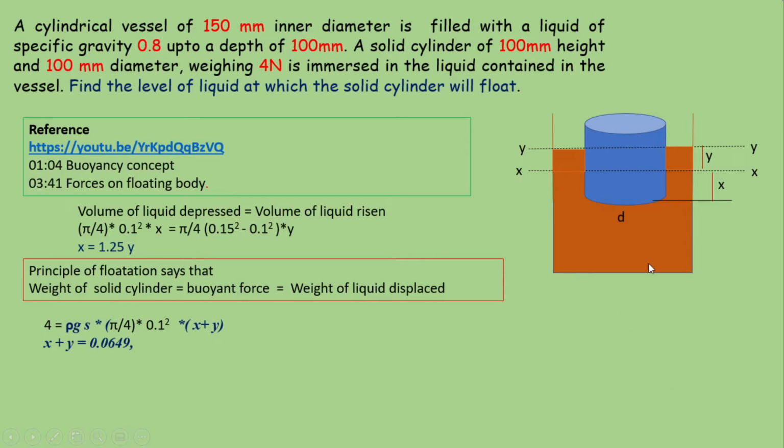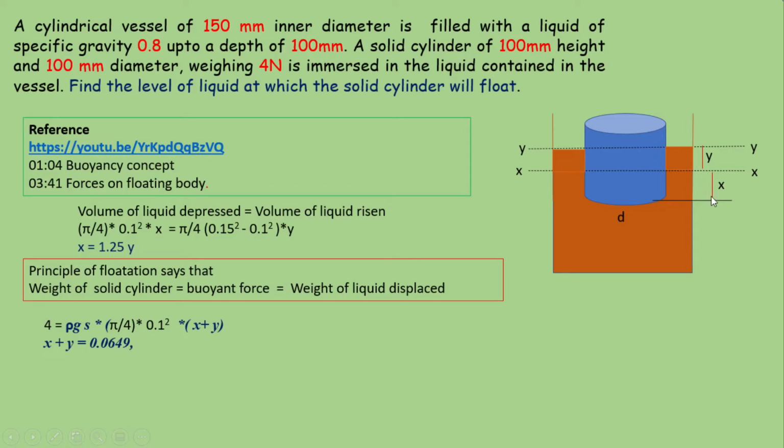So how will you get the specific weight of the liquid? We multiply the specific gravity by the specific weight of water. So rho g multiplied by 0.8 gives the specific weight of this liquid, into the cross-sectional area multiplied by X plus Y, the total depth of immersion of this cylinder. Again you get an expression for X and Y, that is X plus Y equals 0.0649.